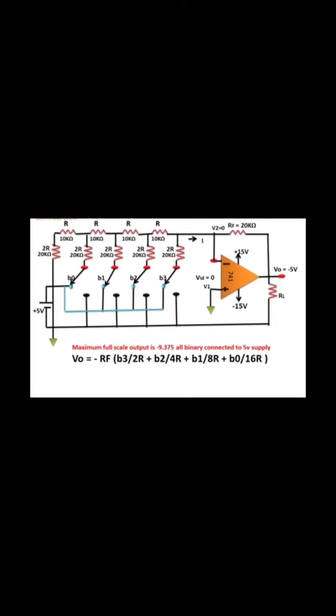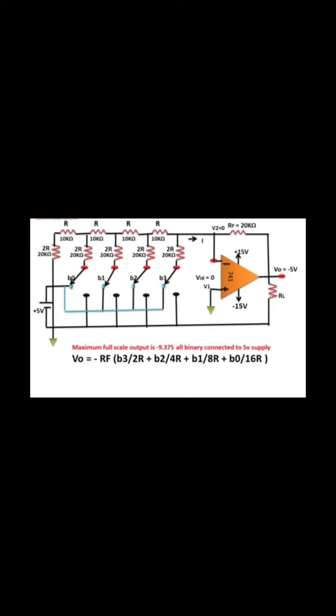The main advantage of this D to A converter is that it requires only 2 sets of resistance values, whereas binary weighted resistors required more resistors and were also more difficult to analyze.